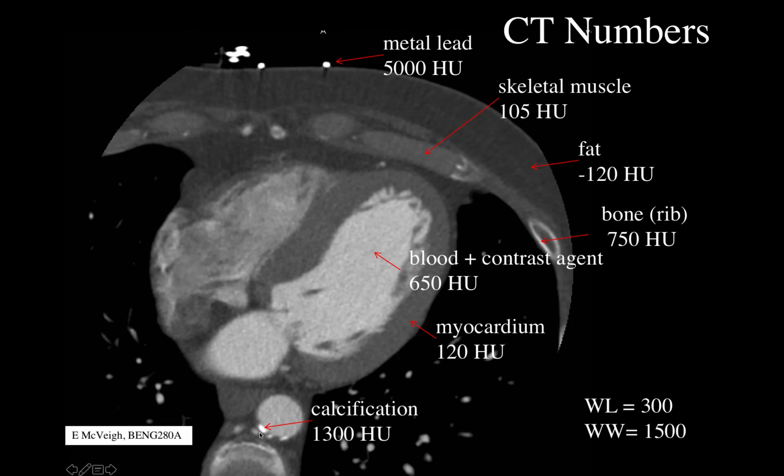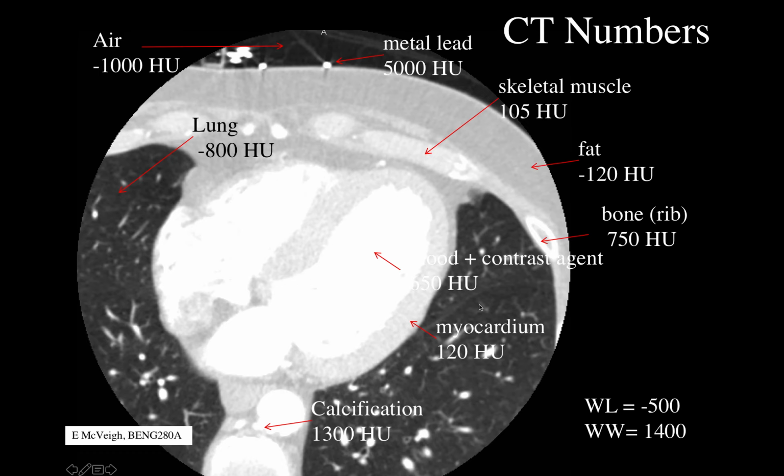Calcification is something that's seen on a lot of imagery, and calcium absorbs X-rays very well, so you find very large Hounsfield units there, high absorption. If we look down in the lungs, the lung is about minus 800, where air is minus 1,000.